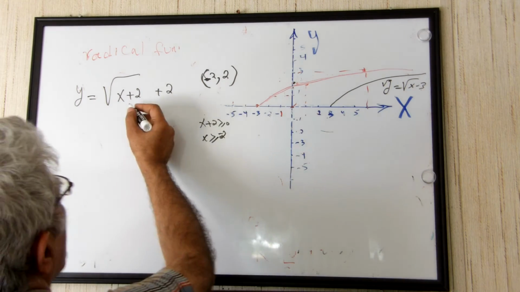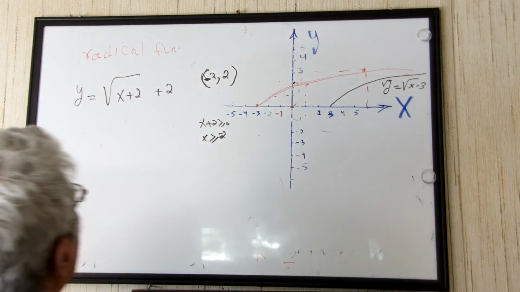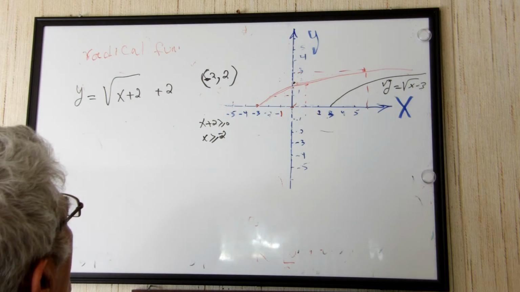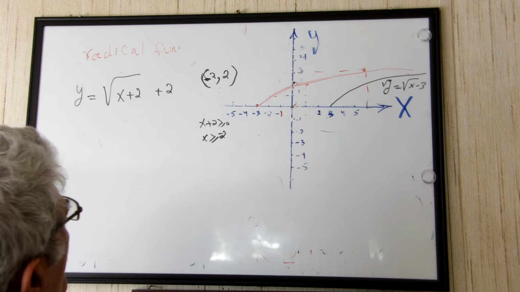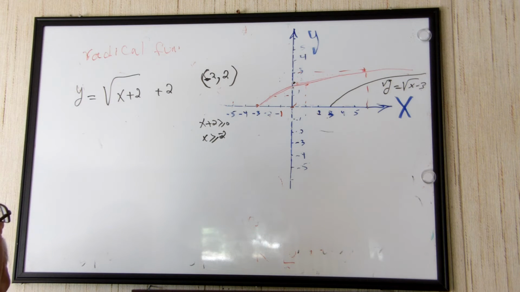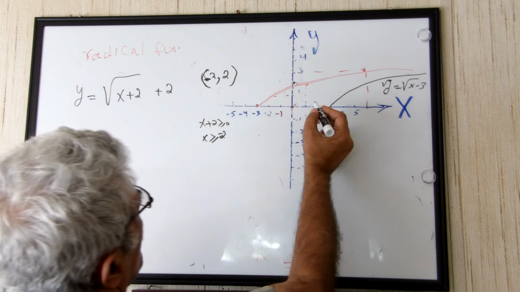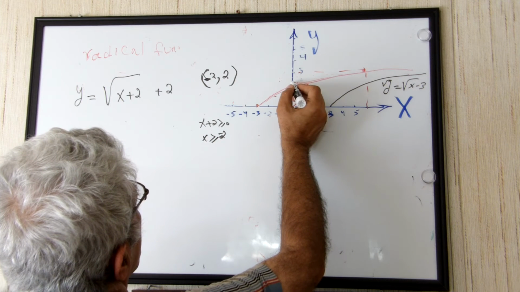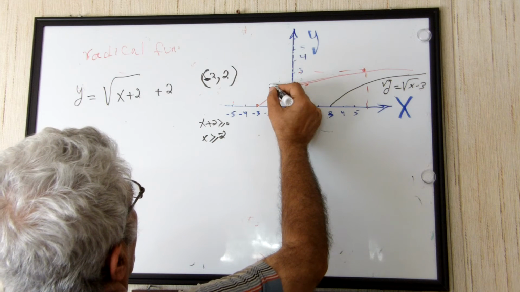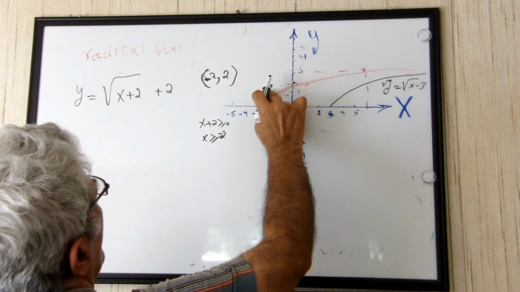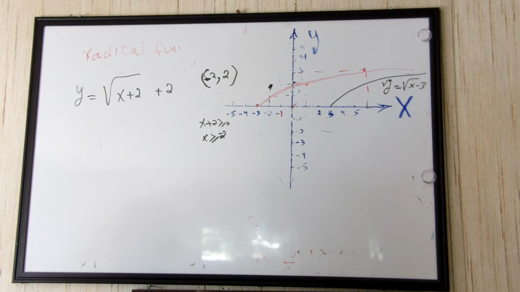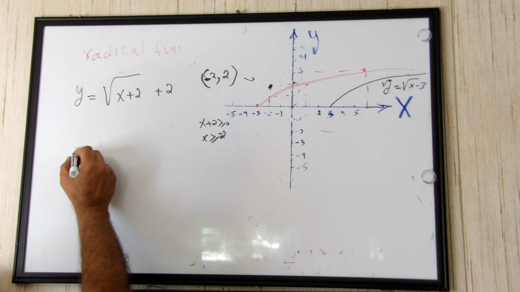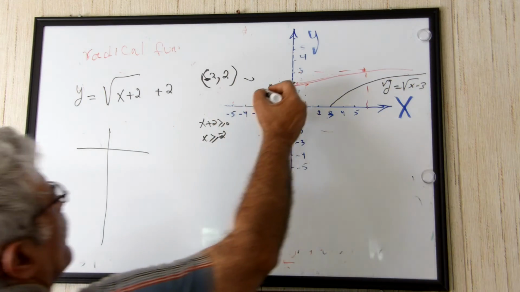Otherwise, if you have just the square root of x plus something, it could start from here and you graph it, but now we have 2 here. So we locate this point, minus 2 here, and plus 2. It's going to be here, and then it's going to go that way.